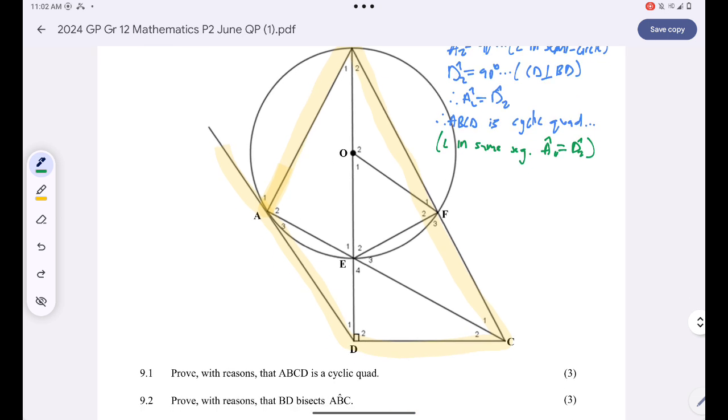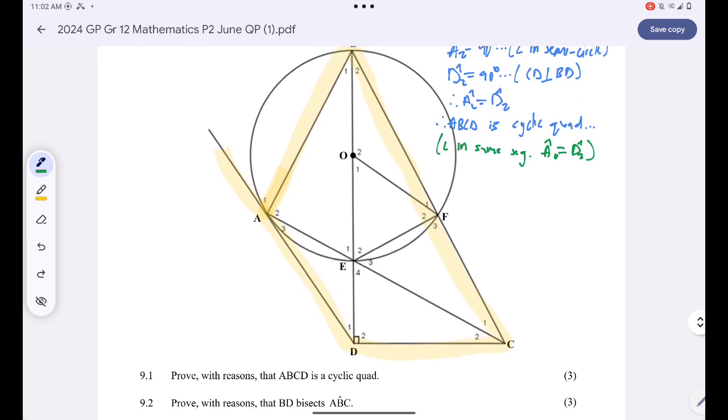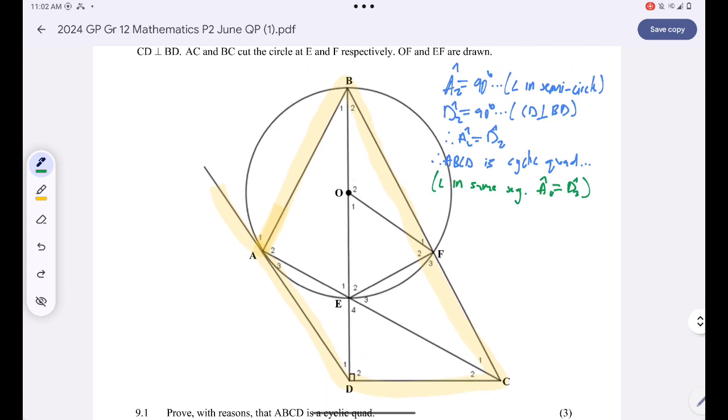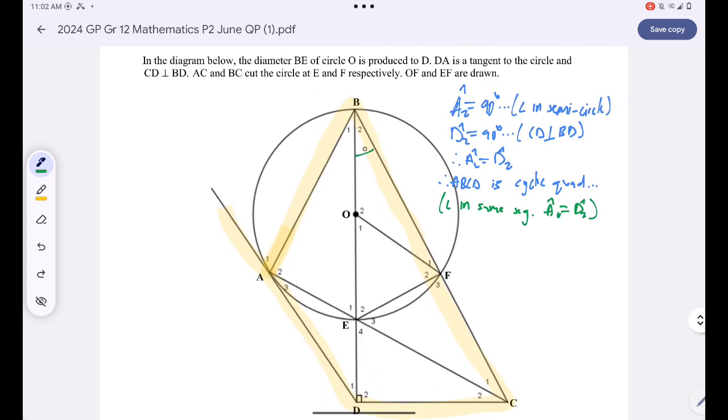Question number 2. Prove with reasons that BD bisects angle ABC. We are supposed to show that B1 and B2 are equal. Okay, how can we do that? I know that angle A3 is equal to angle B1 according to the tan-chord theorem.